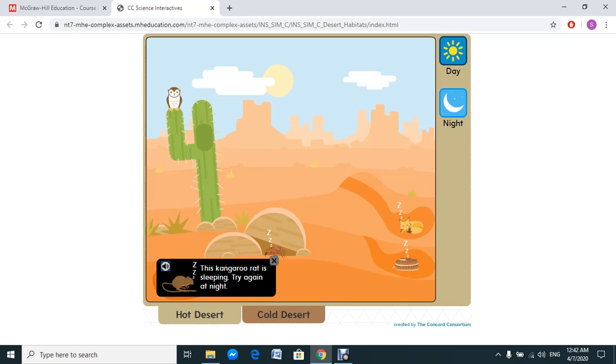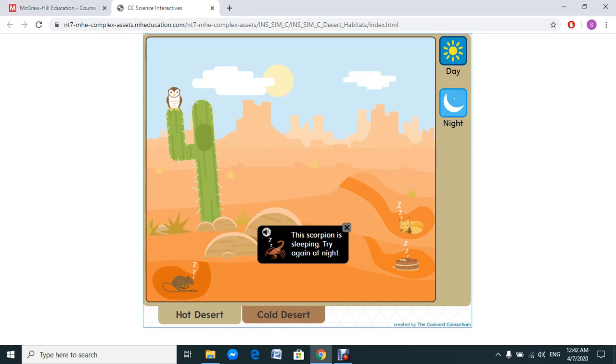It is sleeping. It sleeps during the day. It can't be awake during the day because it is very hot. Can you see that it is hiding under the ground, in a hole inside the ground? So it is hiding during the day, and maybe it will wake up at night.